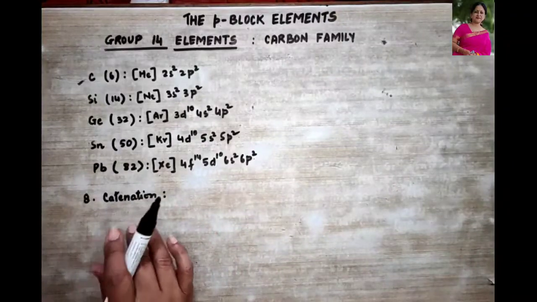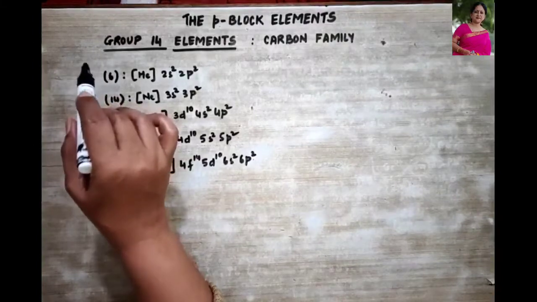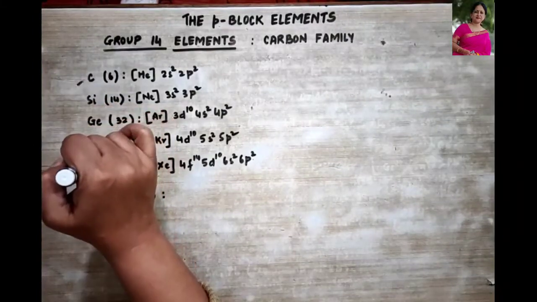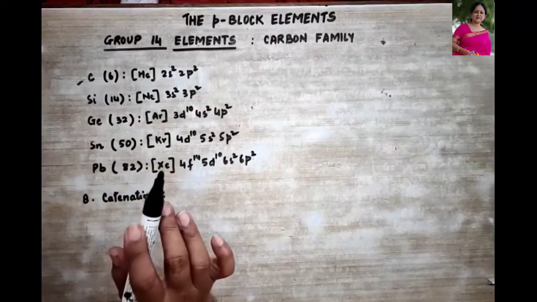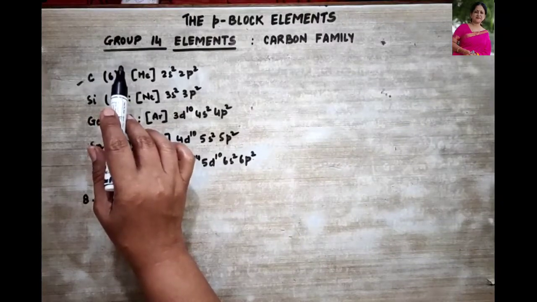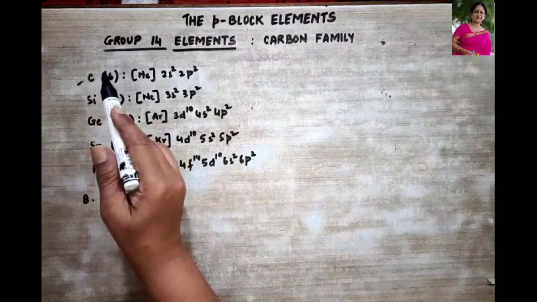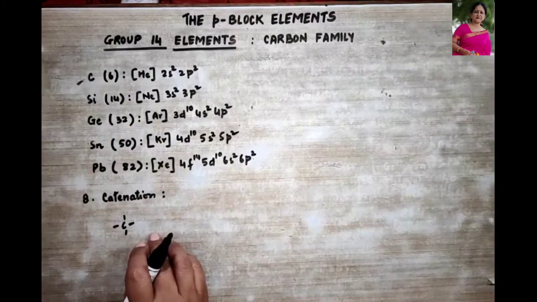So over here we will see that more of the catenation can be observed in carbon, and as we go down the group, the catenation decreases, right? Now let's talk about catenation in carbon. It is observed that carbon shows catenation. Why? Because it is a tetravalent element, right?